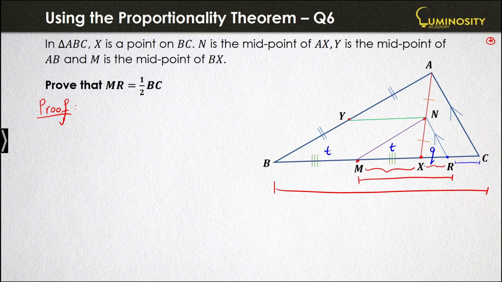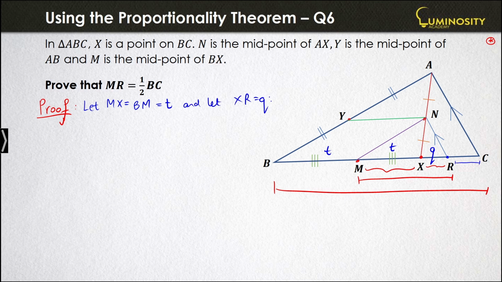All right, so let's go ahead and check that out. First of all, I'm going to say let MX, which is equal to BM, because M is a midpoint, equal t, and let XR equal q. So I'm telling whoever's reading my work exactly my train of thought and logic that I'm using.